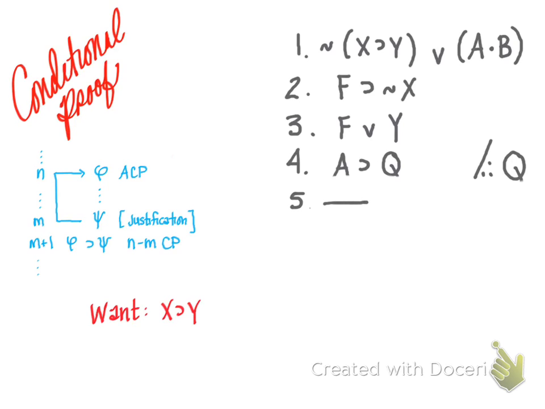So again, we'll indent, we'll make the first line the antecedent of the conditional we want. Our justification is ACP. We could sketch in where we're going, which is Y, and on the next line I will immediately put the conditional if X then Y. Looks like I'm going to run out of space. Let's do something about that.